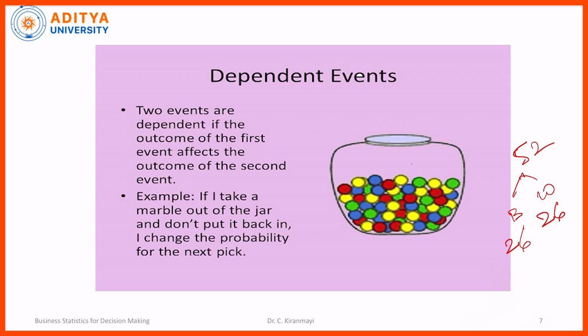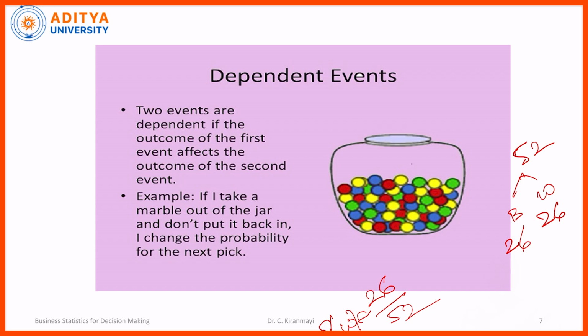Suppose I want to select one white card. Out of 52, the probability of getting one white card is given by 26 by 52.